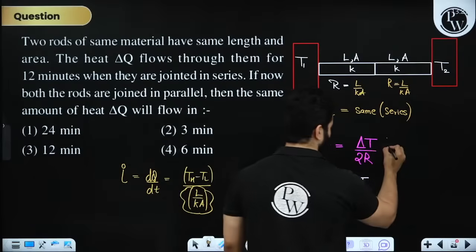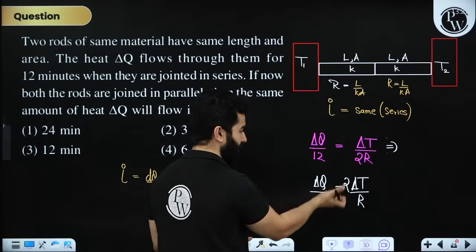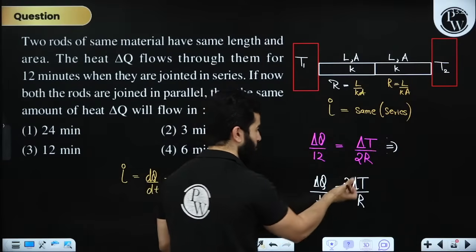So delta Q from here can be actually written as, you can take the ratios if you want, whatever you want to do, it's up to you.